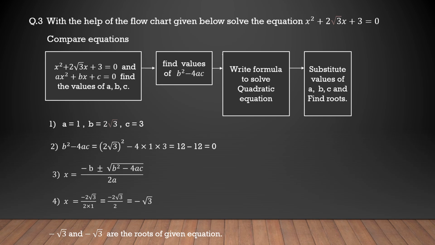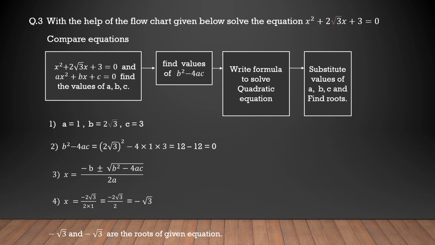Then write the formula to solve quadratic equation. So here the formula is x is equal to minus b plus minus root of b square minus 4ac by 2a. Then substitute values of a, b and c and find the root. Then we substitute the value of a, b and c in this formula.